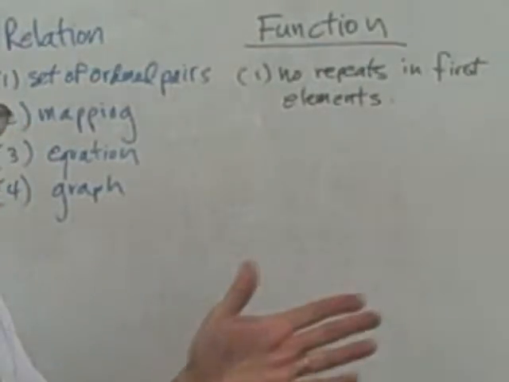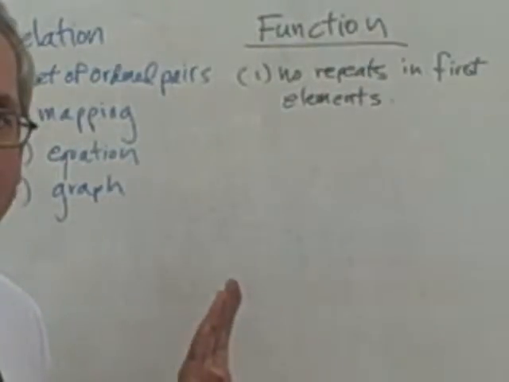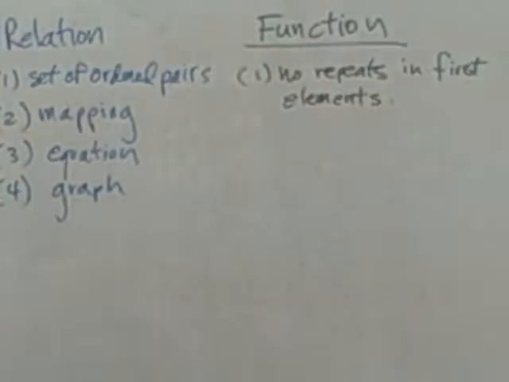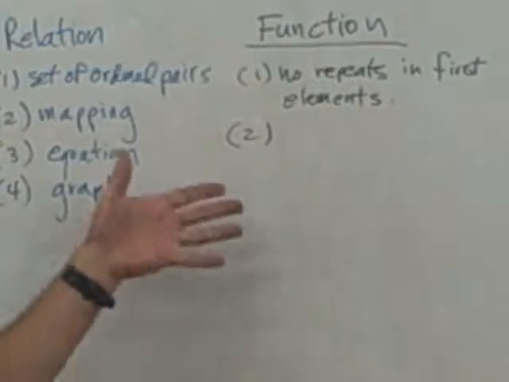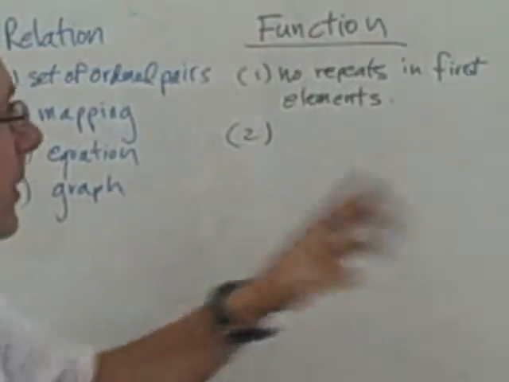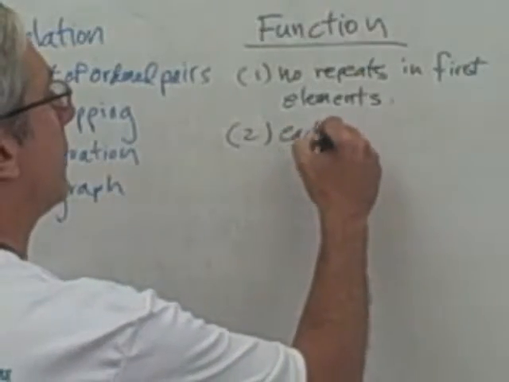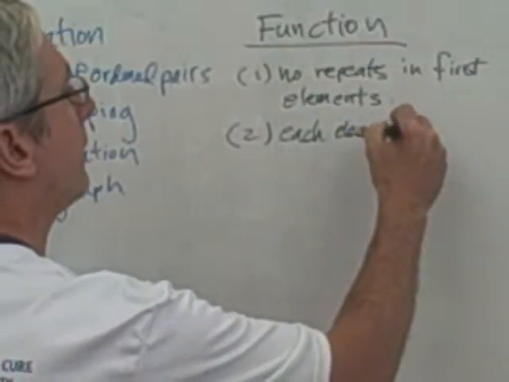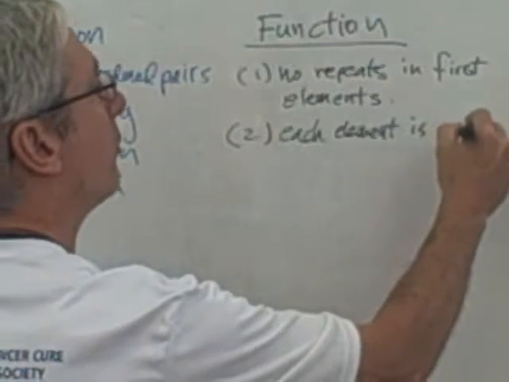So if there's an ordered pair that starts with 2, none of the other ones have 2 in it. Okay, it's a mapping. It's a particular kind of mapping. It's a mapping where every element in the set you start with is only mapped to one other thing. So each element is mapped to only one other element.